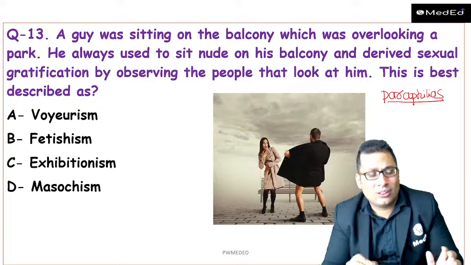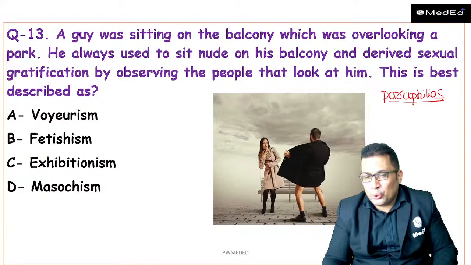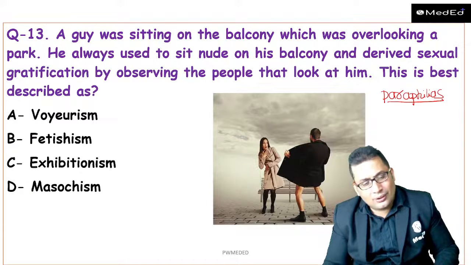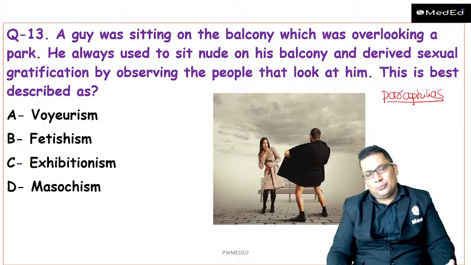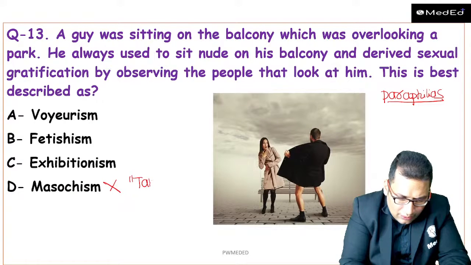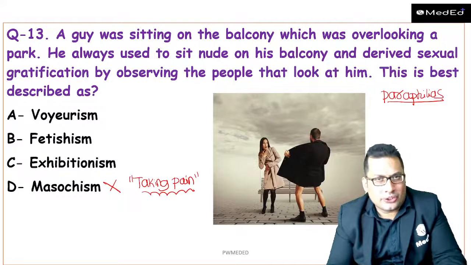The question is about a guy sitting on the balcony. He always used to sit nude on his balcony and derive sexual gratification by observing the people that look at him. This is best described as? Try this. It is not masochism. Masochism is taking pain from the partner, whereas sexual pleasure.